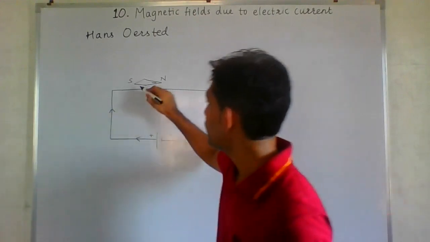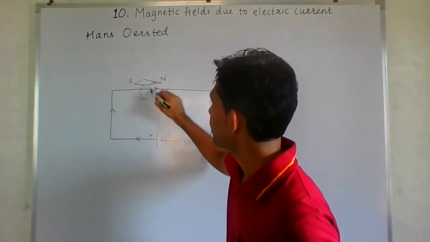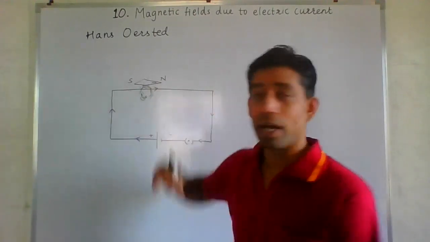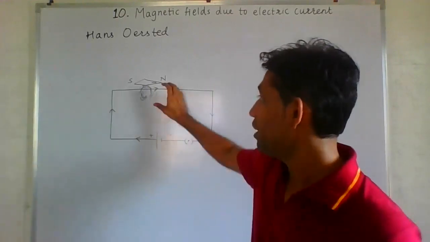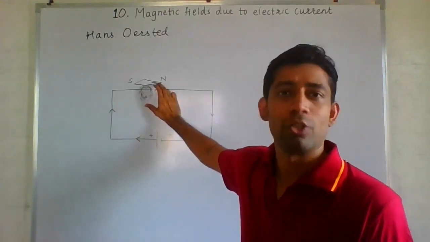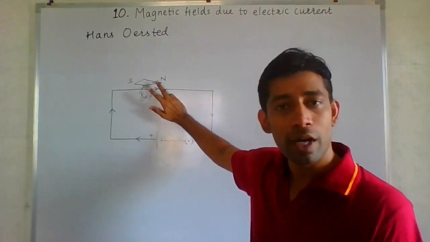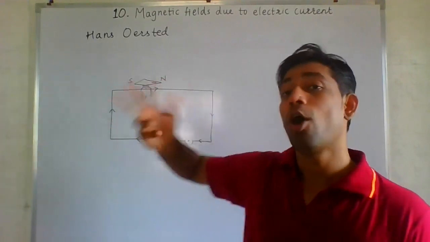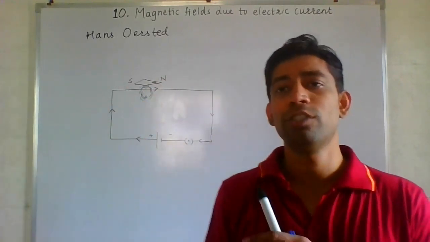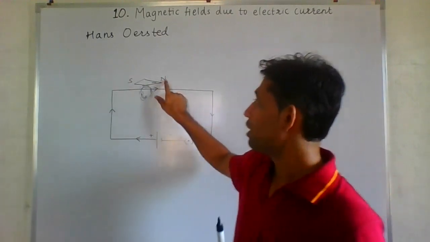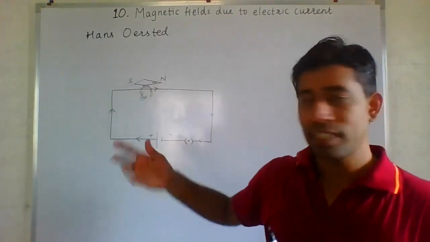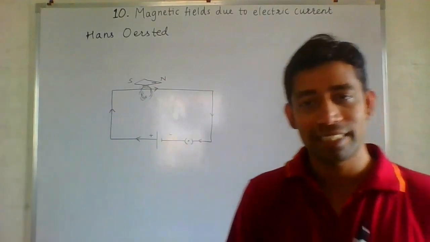So let's say there is some magnetic field created around the wire. If a magnetic field is created here, then north and south poles will also be generated here, correct or not? North cannot stay facing north, and south cannot stay facing south.